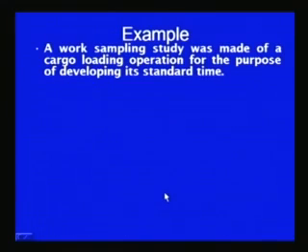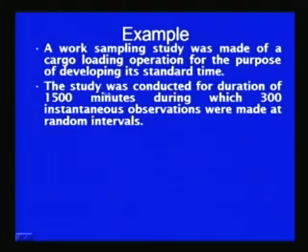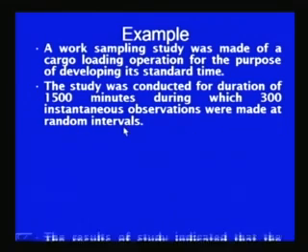And this can be made further clear using this example. A work sampling study was conducted on a cargo loading operation for the purpose of developing its time standard, and the study was conducted for a period of 1500 minutes, during which 300 instantaneous observations were made at random intervals.